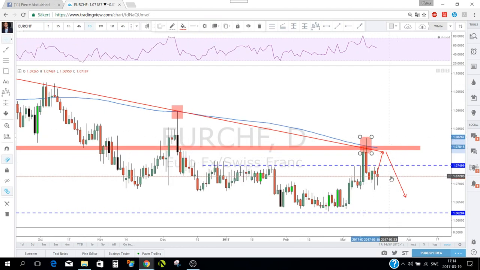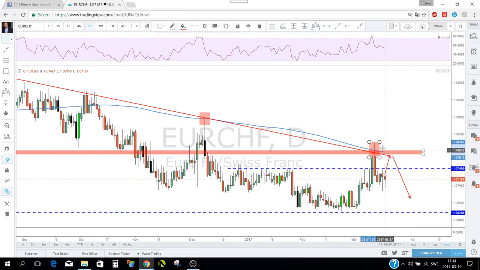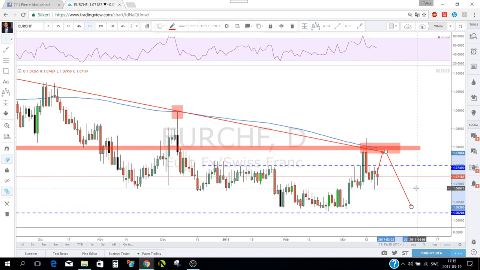So the best entry area, as I said, should be somewhere up here. If price makes it back up to this high here, then you maybe want to try to short it from this level and see if it's going to give you another retest of these lows or even more down.